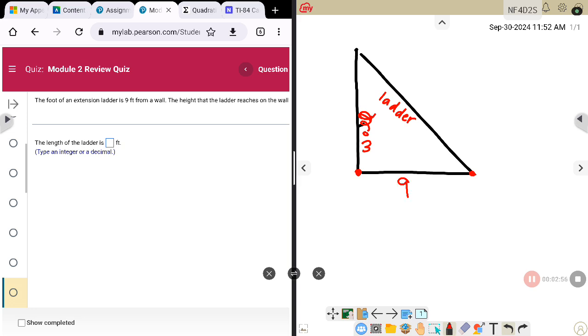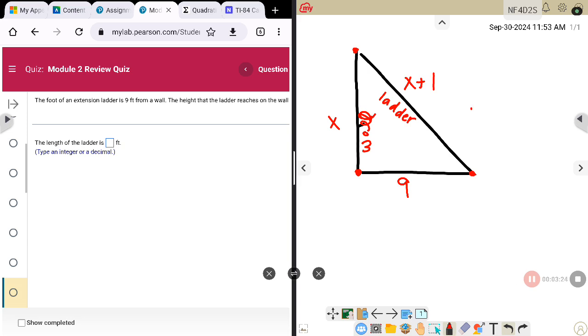Then it said that the height that the ladder reaches on the wall, which is this height here, and the length of the ladder are consecutive integers. What that means is one comes right after the other. So if we name the wall side as our x, then the ladder side, being the very next number, will be x plus 1.